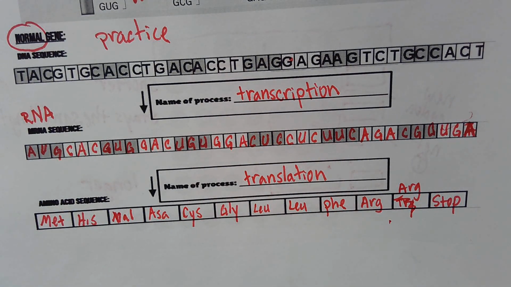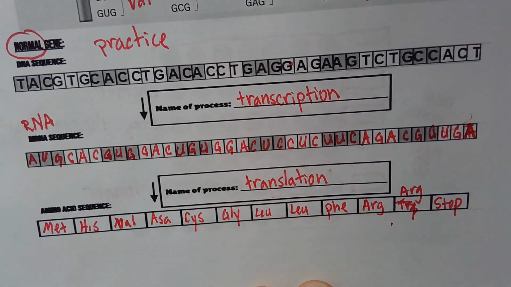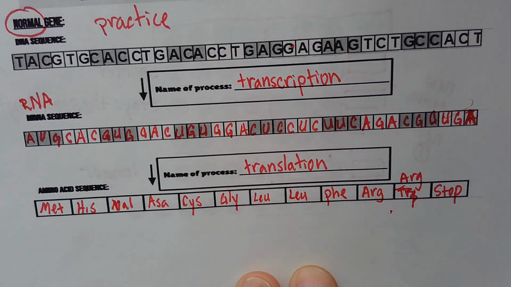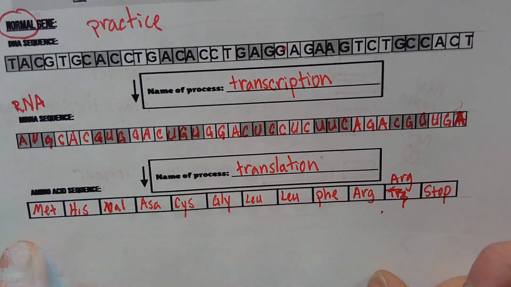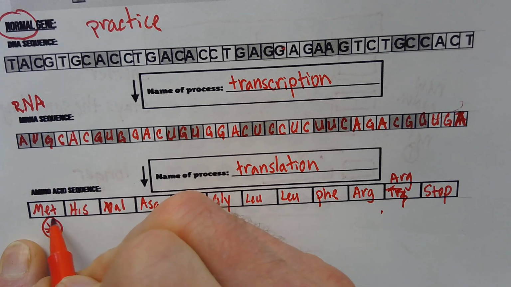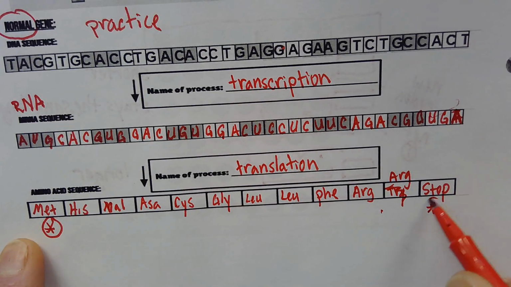Transcribed means I just wrote it with different letters. All right. The other thing that I want to point out is that the normal genes will always start with Met, and there'll be a stop codon at the end.